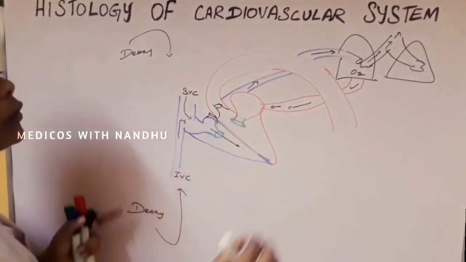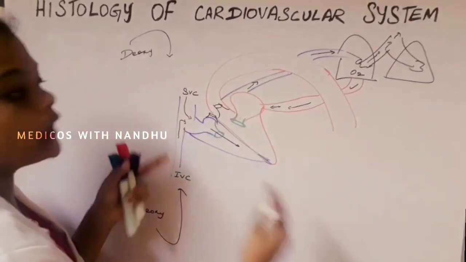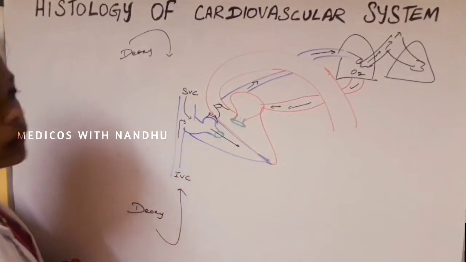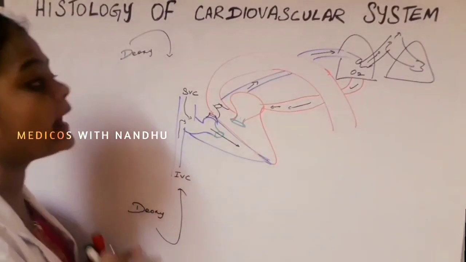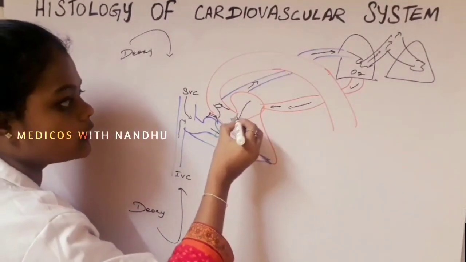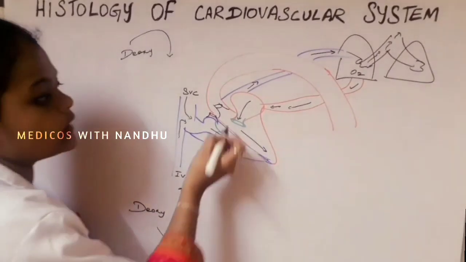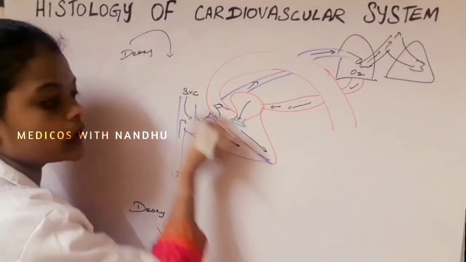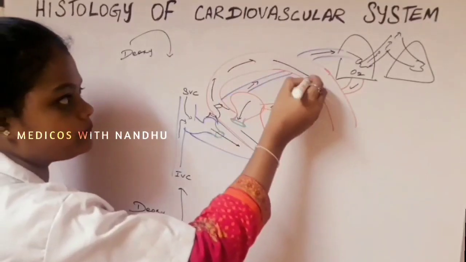It is going to flow the blood to all parts of the body. After reaching the left ventricle, it contracts and gives the blood to the aorta through the aortic valve.